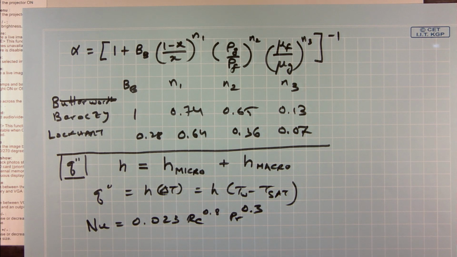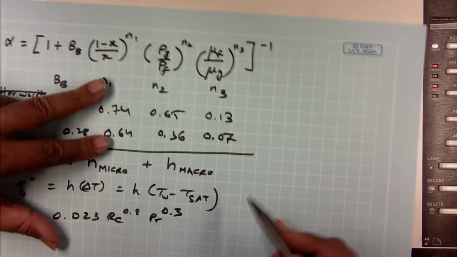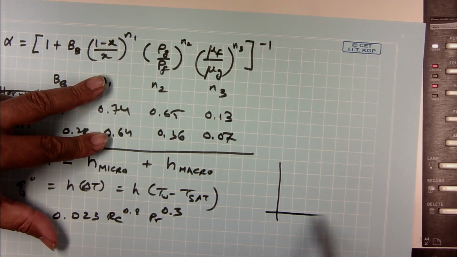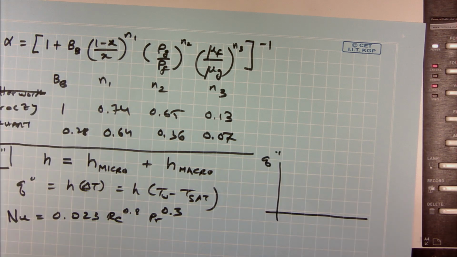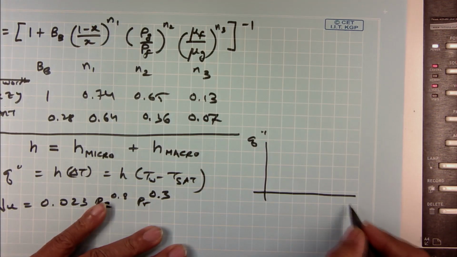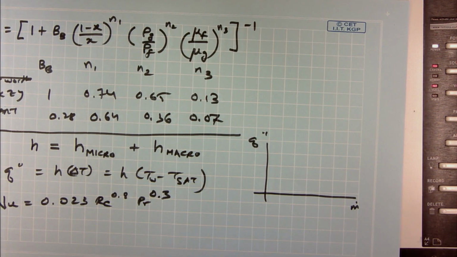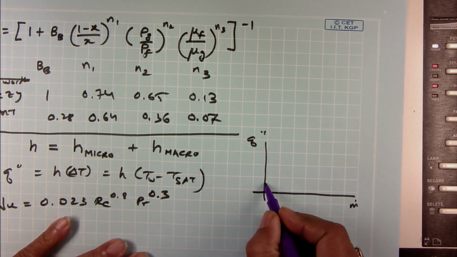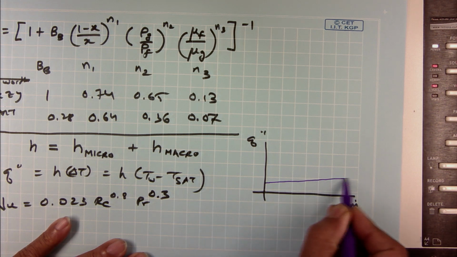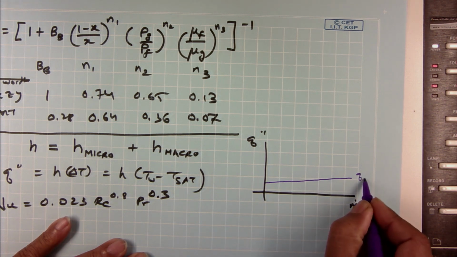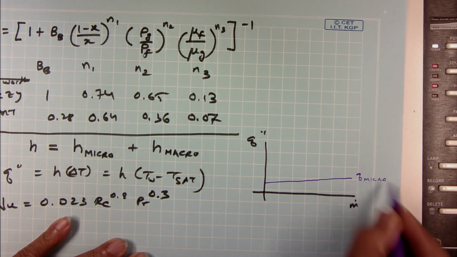So, what I mean by that, let us say I look at my total heat transfer, Q double prime, and so if I plot my Q double prime as a function of the total flow rate in a pipe, the H micro or the Q micro will be very insensitive, it will be a curve that looks like this.